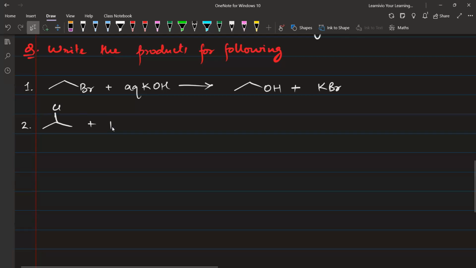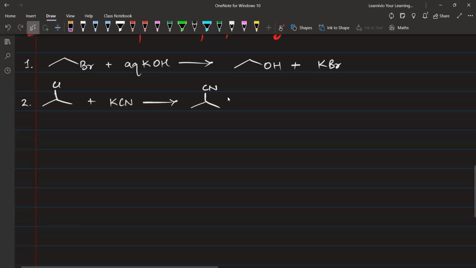Chlorine plus KCN. ठीक है. Chlorine is going to get replaced by CN. चलिए बाकी आप कीजिएगा जरा.